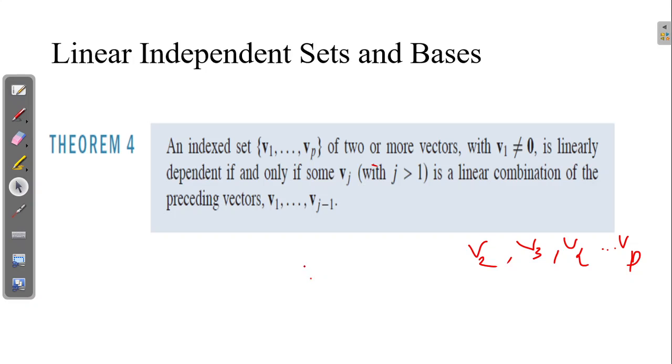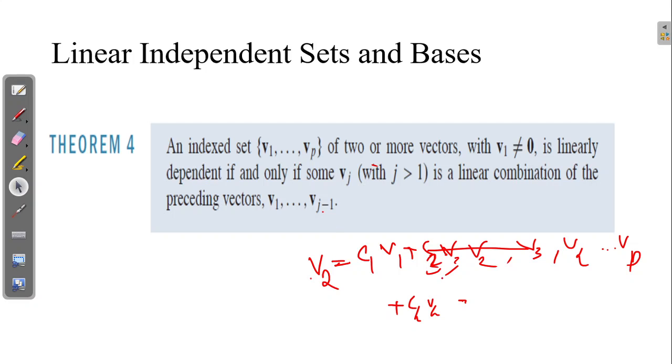That means some vector vj, let us take it as v2, is equal to some linear combination c1 v1 plus c2 v2 plus c3 v3, etc., up to vj minus 1. For j equal to 2, vj minus 1 means v1, so you get only c1 v1.